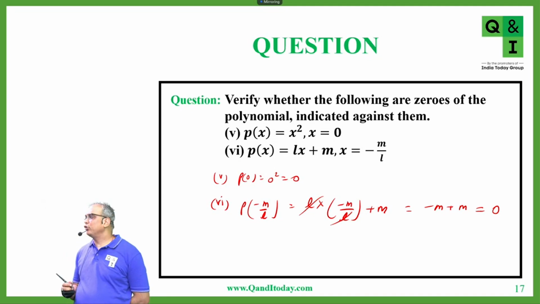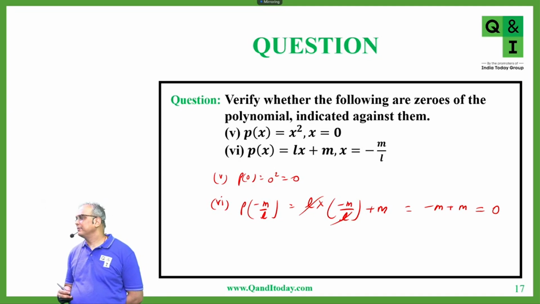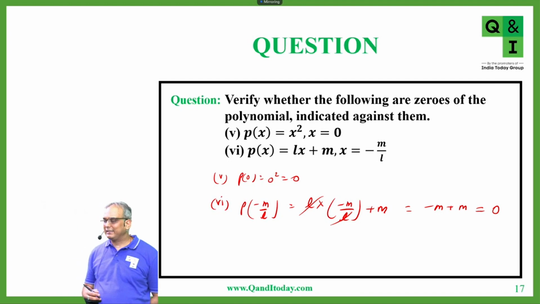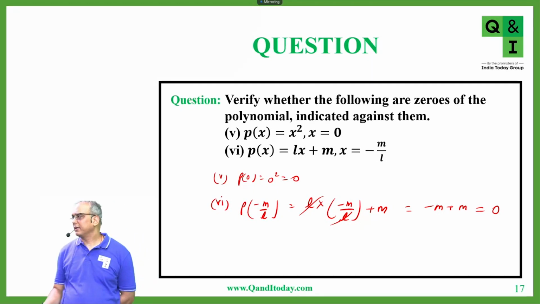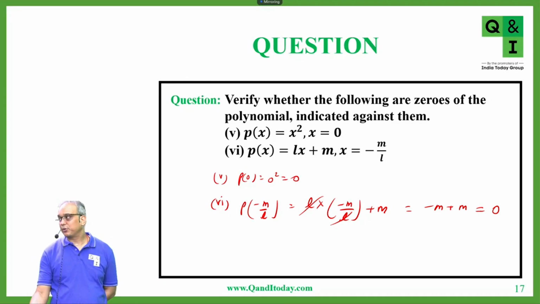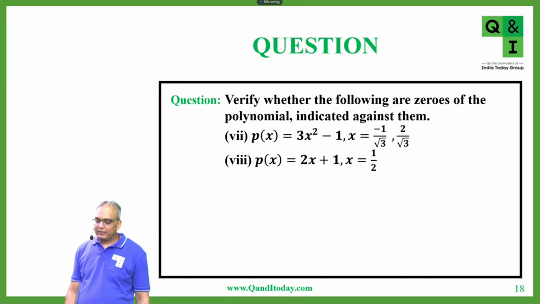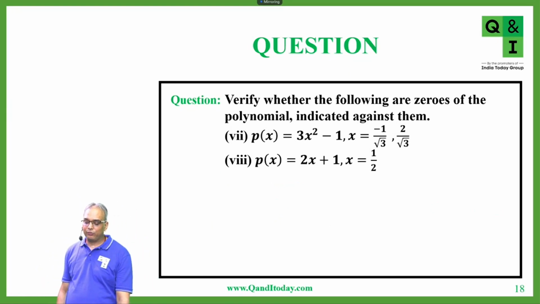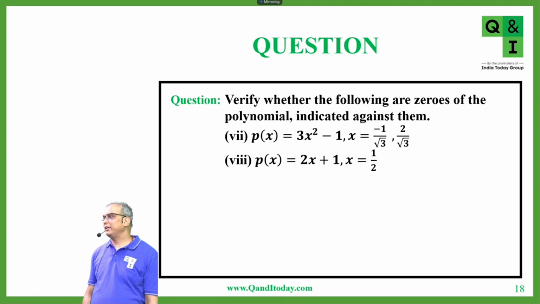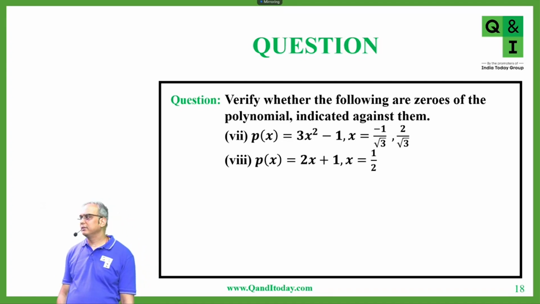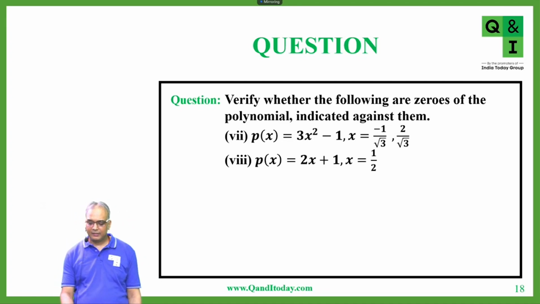Yeah, polynomial P of x is lx plus m. And yes, it is a 0 of the polynomial. Correct, Rudra. Now here in this question, verify. Again, you have to verify for minus 1 by root 3 and 2 by root 3 both. Okay.